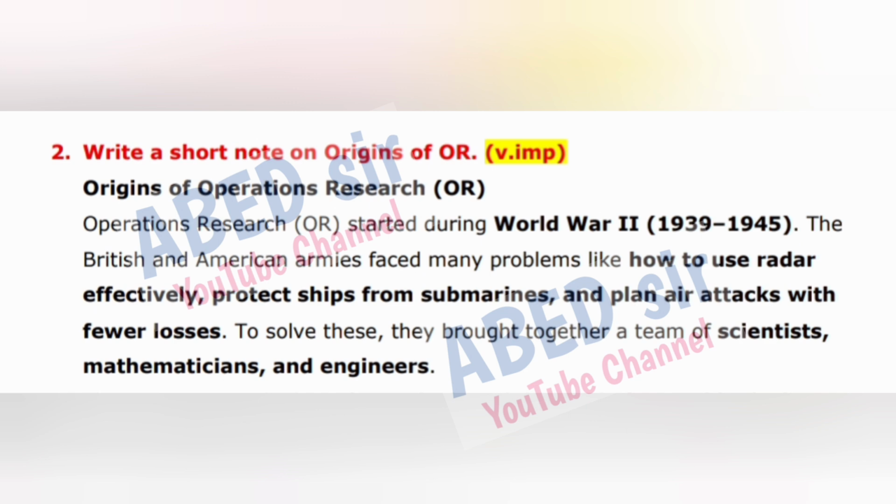Operations research started during World War II, 1939 to 1945. The British and American armies faced many problems like how to use radar effectively, protect ships from submarines, and plan air attacks with fewer losses. To solve these, they brought together a team of scientists, mathematicians, and engineers.